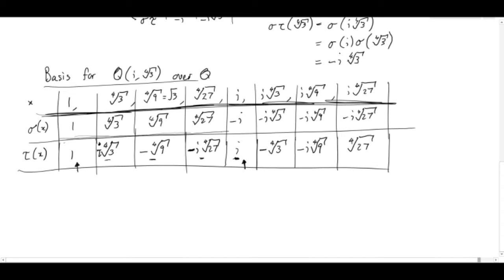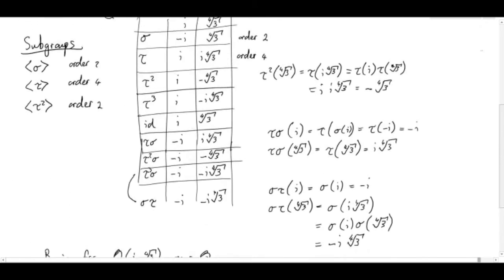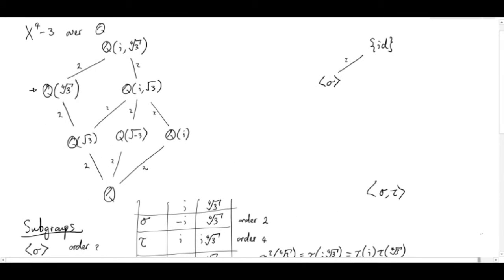Everything else is mapped to something different. In other words, the group tau corresponds to this field Q adjoin i, so that is the second part of our diagram.